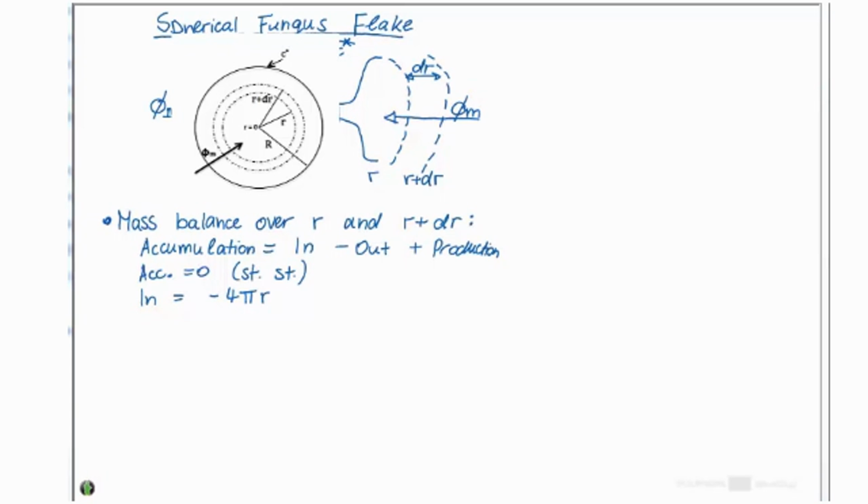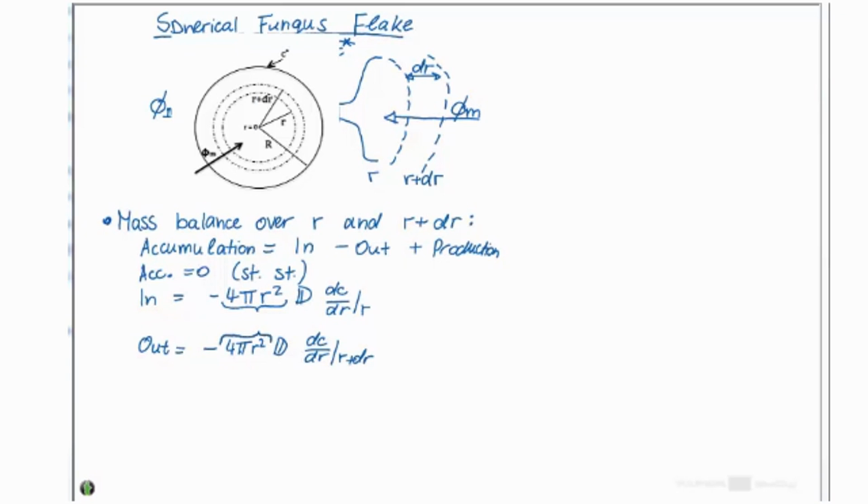And the input and the output terms are diffusion terms, so they are according to Fick's law: the area multiplied by the diffusion flux, which is the diffusion coefficient times the spatial derivative of the concentration, in other words, dc divided by dr.